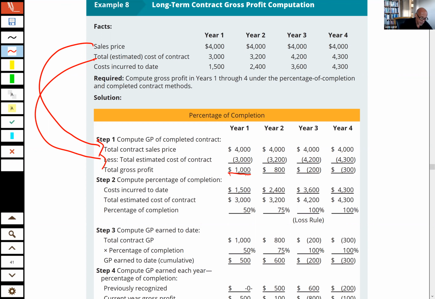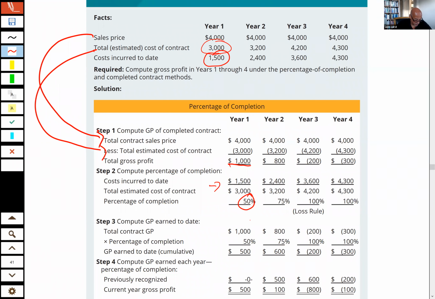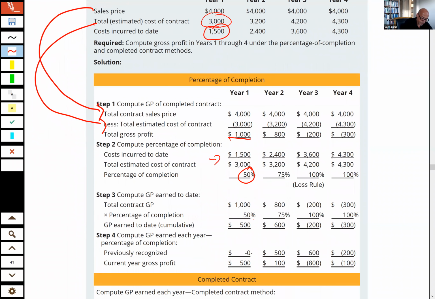Now, what happens? In year 1, we've incurred cost of 1.5. We think the total cost of the contract is going to be 3 million. So based on our cost to cost calculation, we determine we are 50% done. That means that we have earned what? 50% of that $1 million profit, whatever it is.